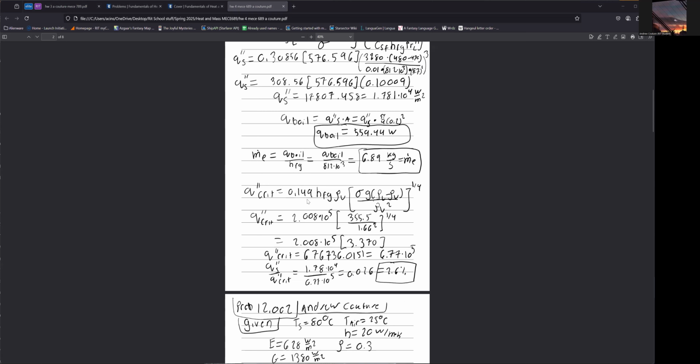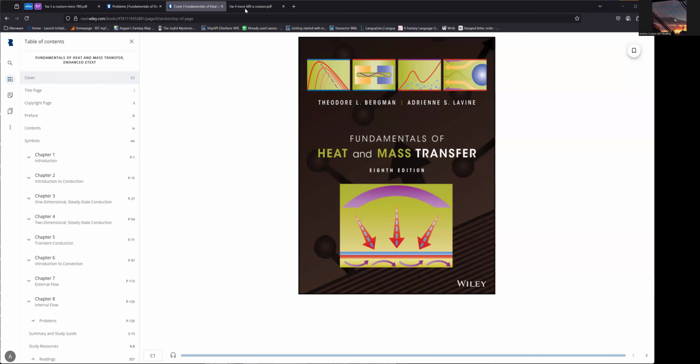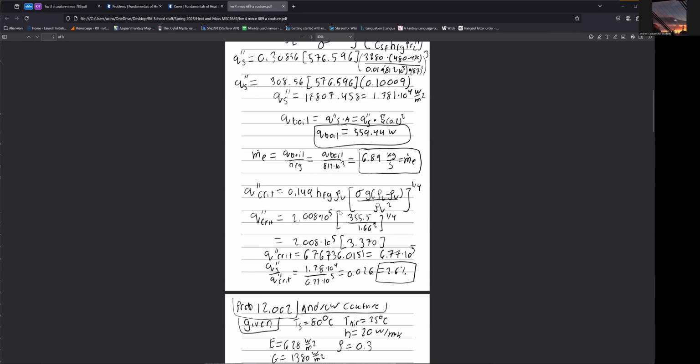So sorry about that. As for the critical heat flux, again, the point where it'll start going to the superheated range, that comes from equation 10.6 in the book. Again, we have all the values.